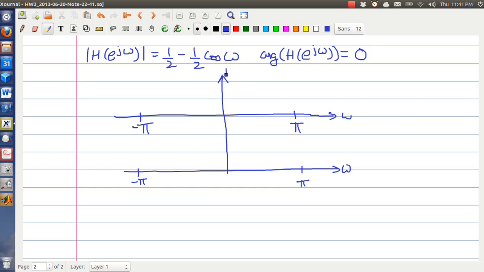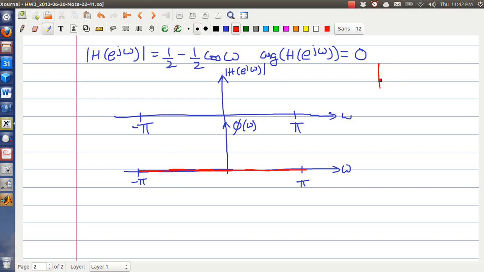This would be the magnitude, this here would be the phase, and the phase we see it's 0 for all omega, so it's just going to be this. The magnitude is half minus half cosine omega.